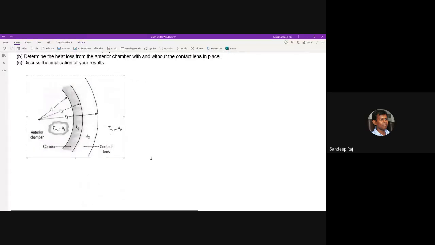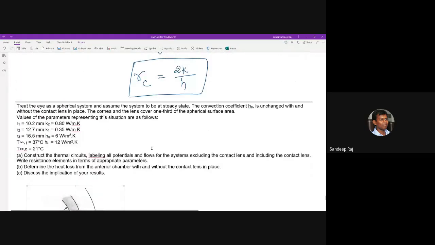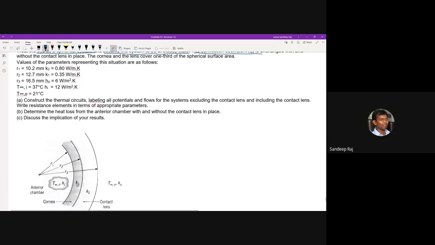What he's asking you to do is consider this as an eye, treat the eye as a spherical system, and assume the system to be at steady state. The convection heat transfer coefficient is unchanged with and without the contact lens in place. So he is giving you a problem wherein you have an eye, and for this eye you have added the contact lens. Okay, that is the question basically.